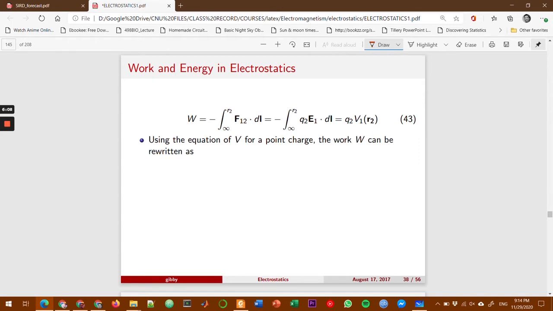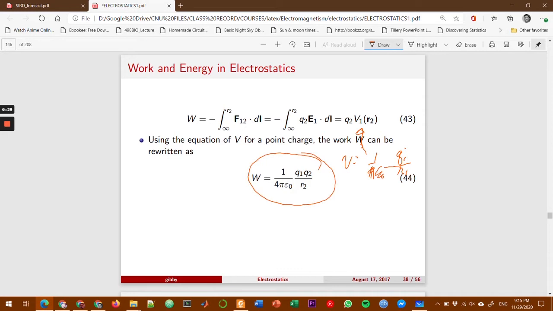So using the equation of V for a point charge, the work W can be written as follows. Recall our formula for V in our previous discussion: 1 over 4 pi epsilon naught, then Q sub i over R sub i. So we have this formula for V. You substitute it there, and we get this equation for your work.